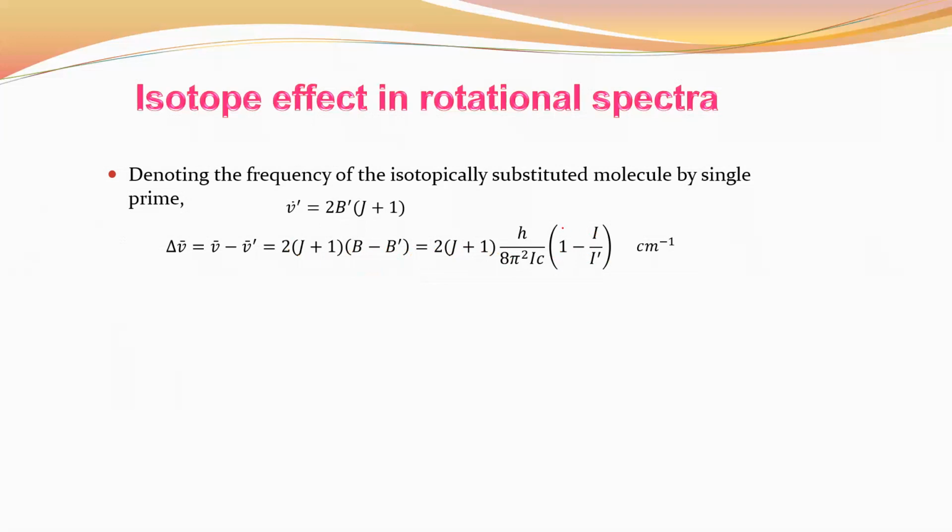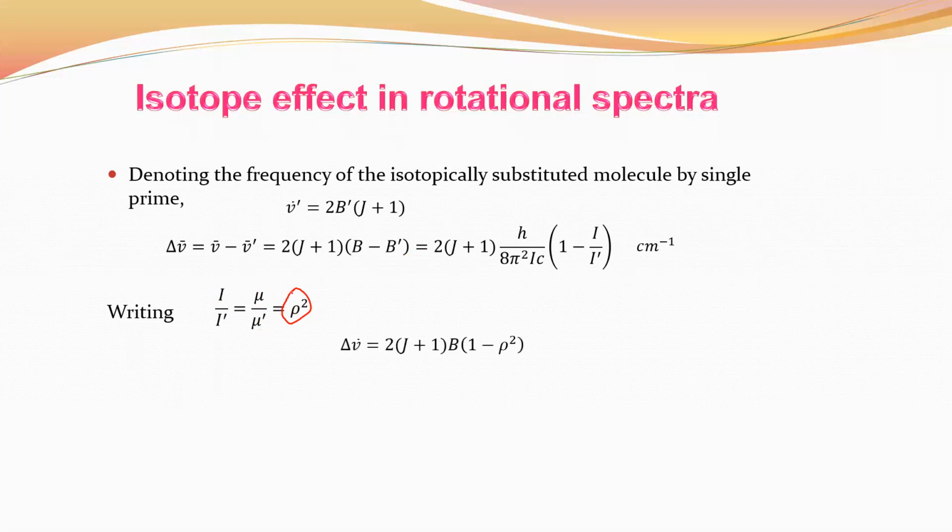And I by I dash is equal to what? Mu by mu dash, and let it be rho square, some quantity squared. Here we know that I by I dash is equal to mu by mu dash, let it be rho square.